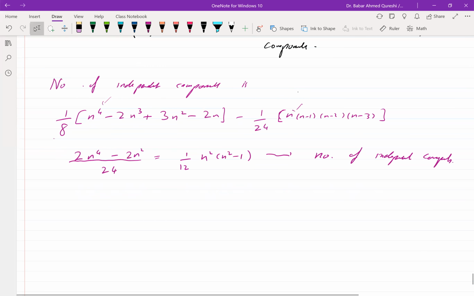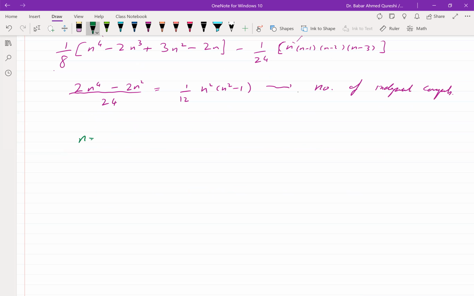If you want, we can make a small table. For n is equal to 1, like you just have a one-dimensional thread, you have 1 squared minus 1, 0 components.